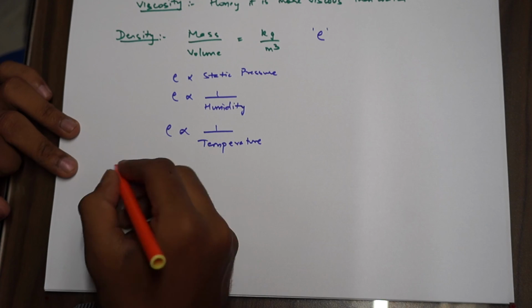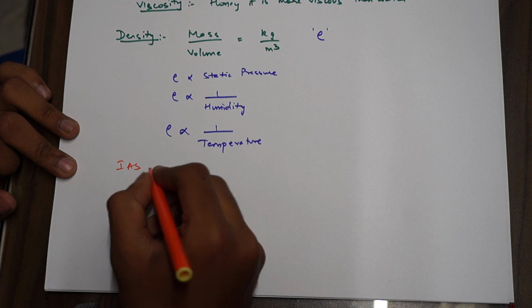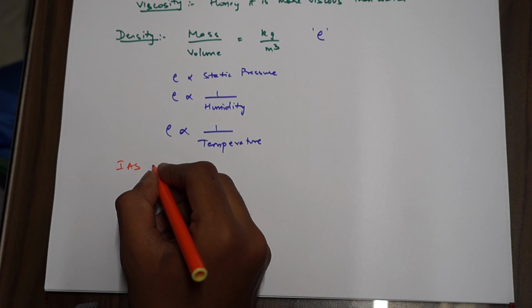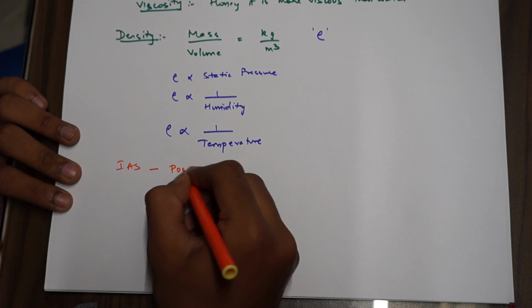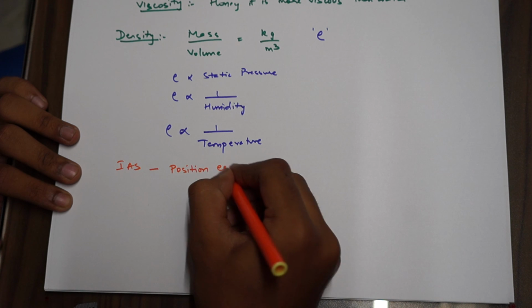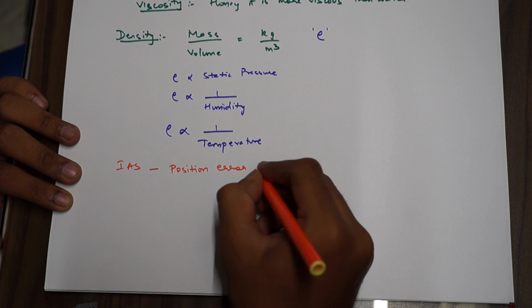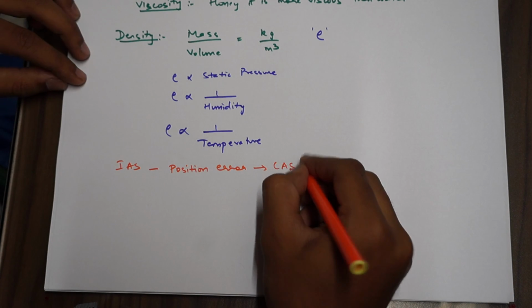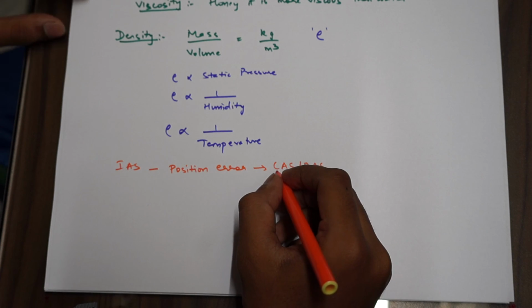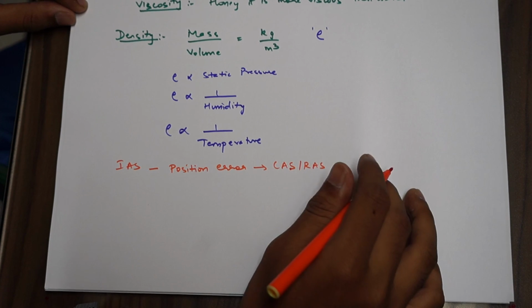speeds, IAS. So IAS stands for indicated airspeed. It is corrected for position error to give you CAS, okay, or RAS, that is calibrated airspeed or rectified airspeed.